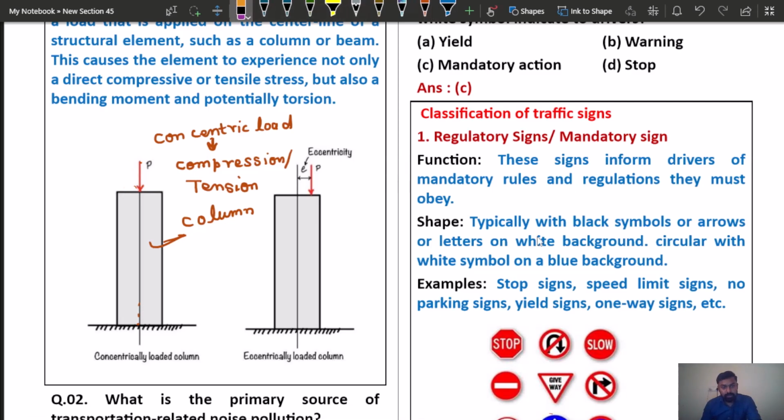But if this load is not passing through the center line of the structure, and the load is acting from some distance of this center line of the structure, then this load will be called an eccentric load.